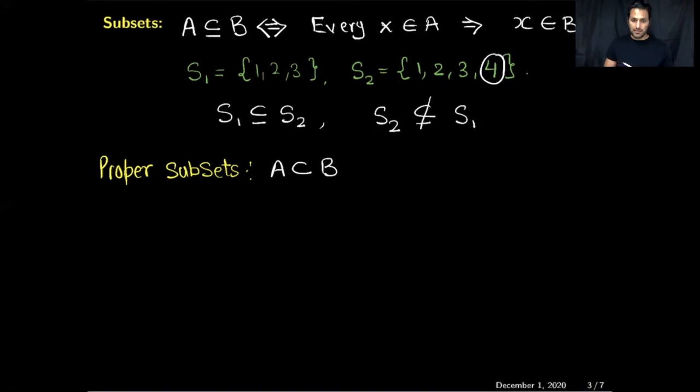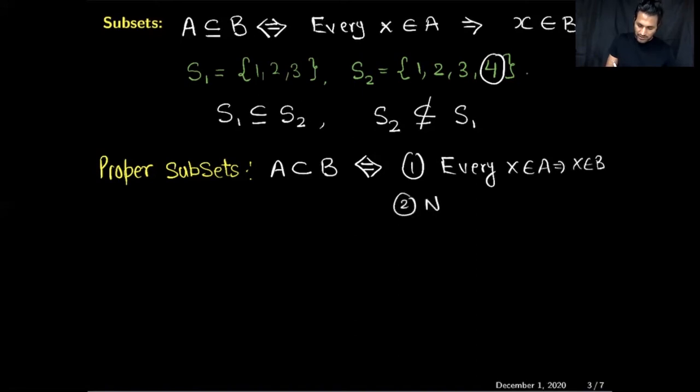So we say A is properly contained in B if and only if, number one, it is the same: every element x that belongs to A also belongs to B, and number two, not all elements of B belong to A. Not every element of the set B belongs to the set A. Then we say A is a proper subset of B. As you can see, S1 is a proper subset of S2.